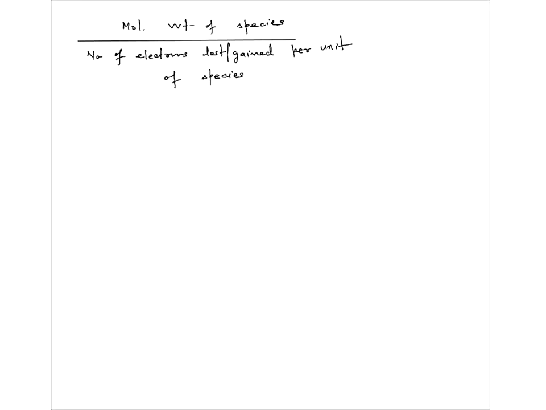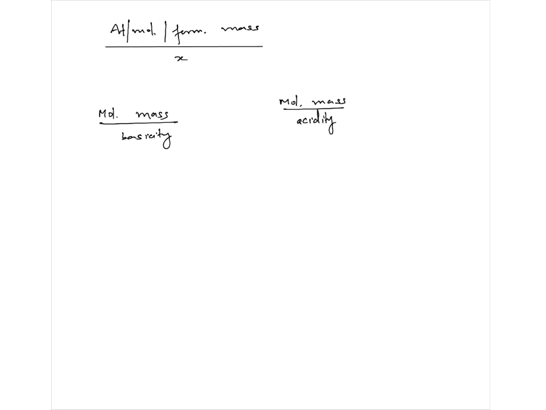So that's about redox reactions. In all cases, you are seeing that you are dividing molecular mass, formula mass, atomic mass by X. For acid also you're dividing by basicity.